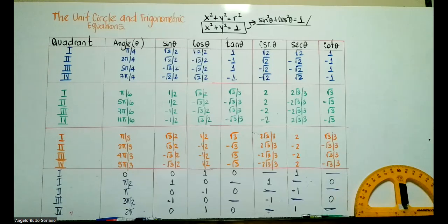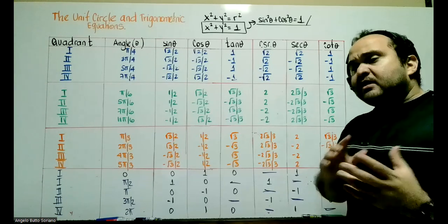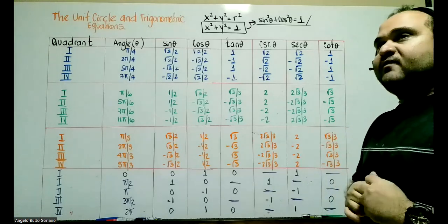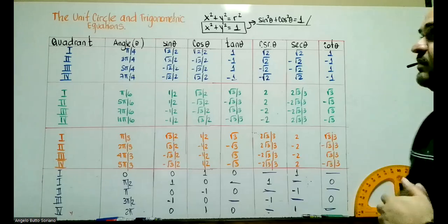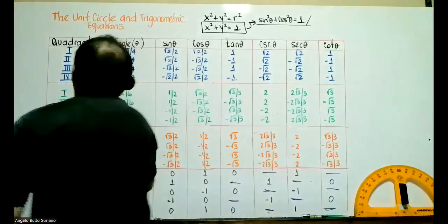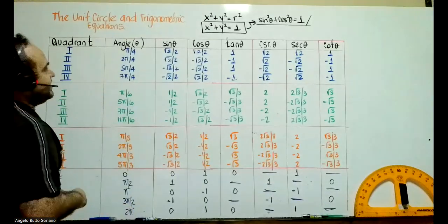Basically, when working with trigonometric equations, the main idea is looking for the values of the angles in the different quadrants using the reference angles. What are the reference angles?